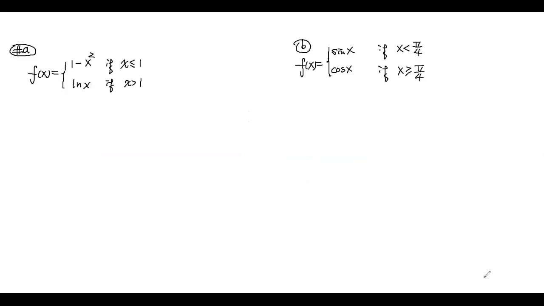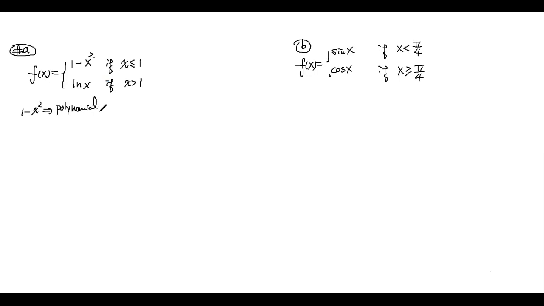The next set of problems is to say, hey, I want to show both of those functions are continuous on the real number line here, okay? So let's see, how do we do that? So part A, the function 1 minus x squared, so what is this? This is a polynomial, right?